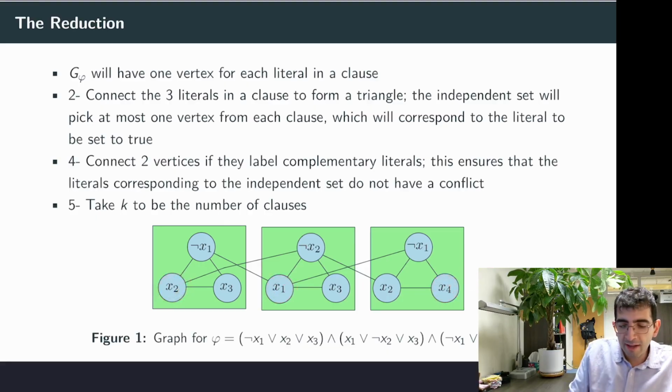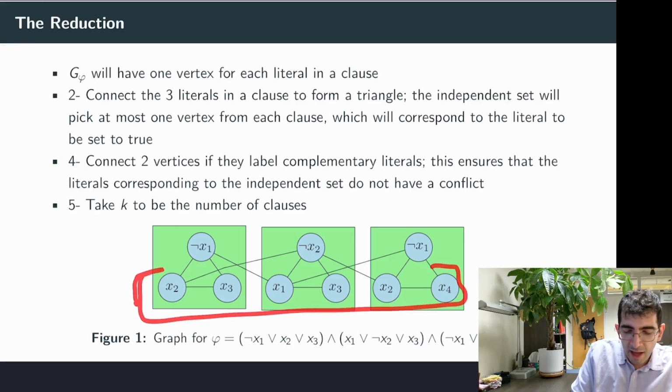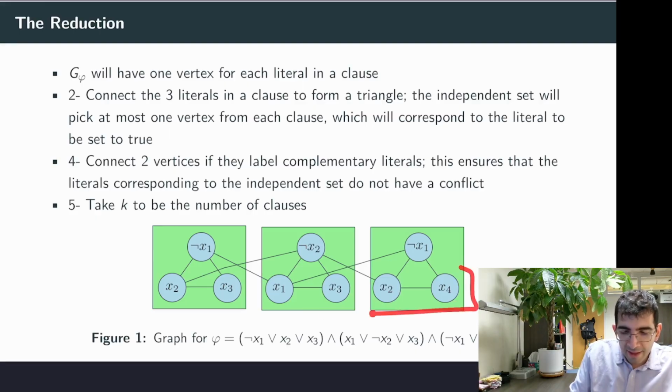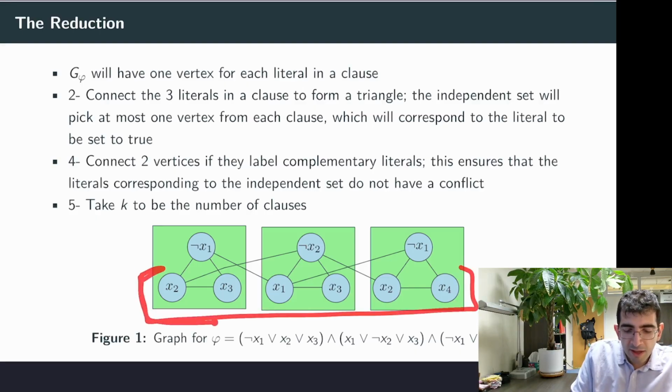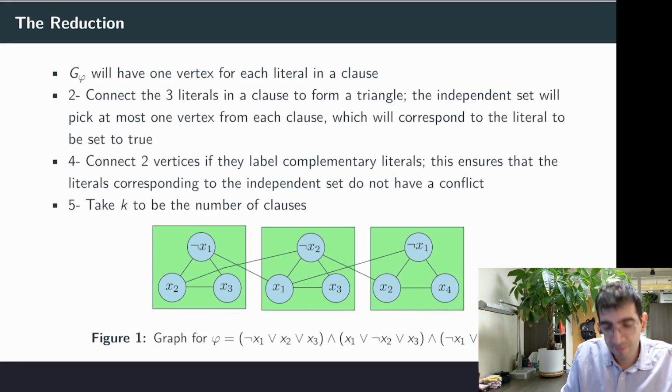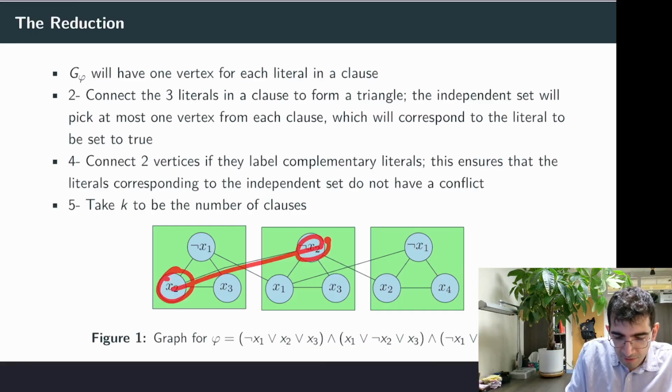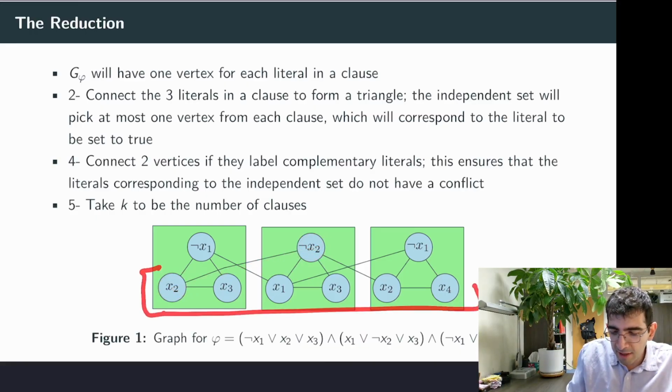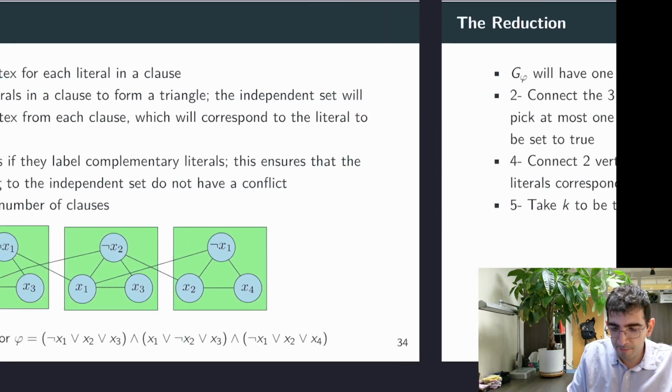But the point is that if there is an independent set of at least m, where m is the number of clauses, then there must be some set of literals that don't conflict with each other, and that you could use to designate a truth assignment that satisfies the original SAT formula. Okay?